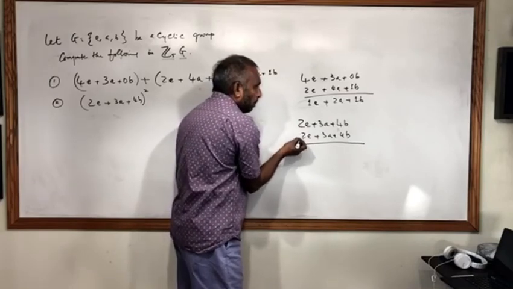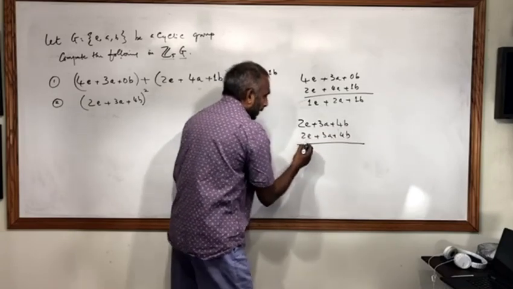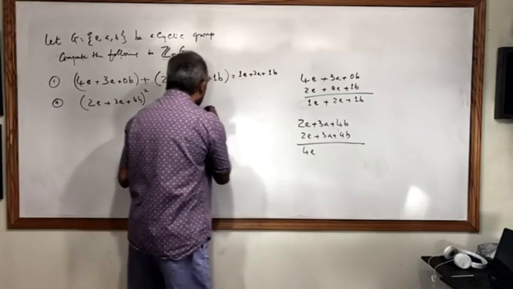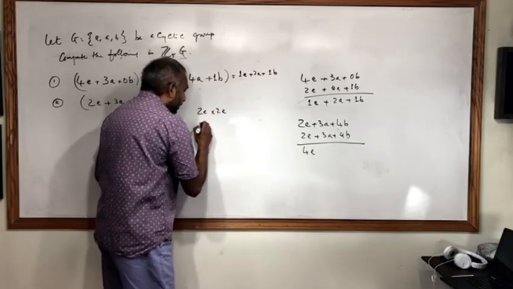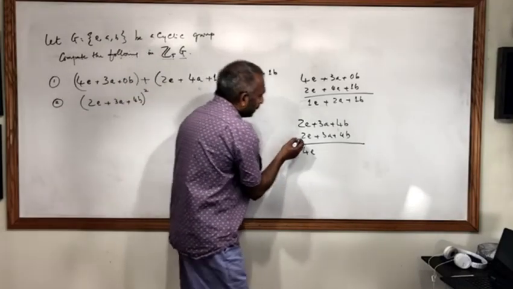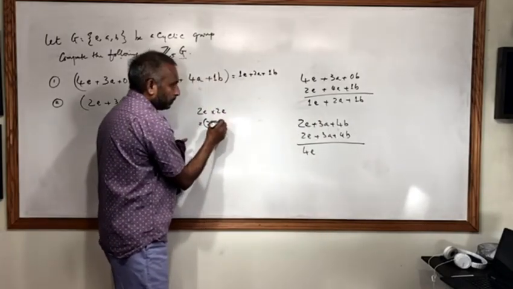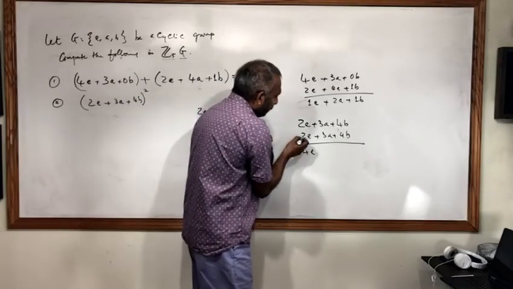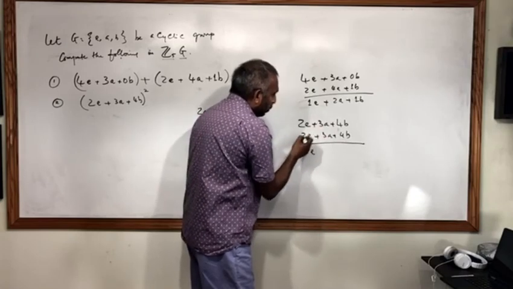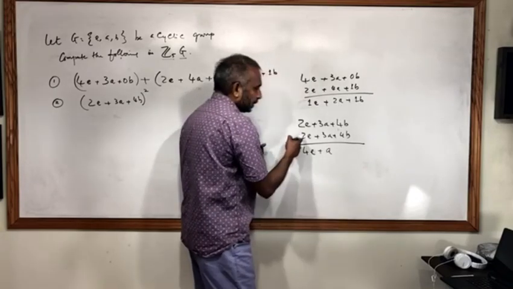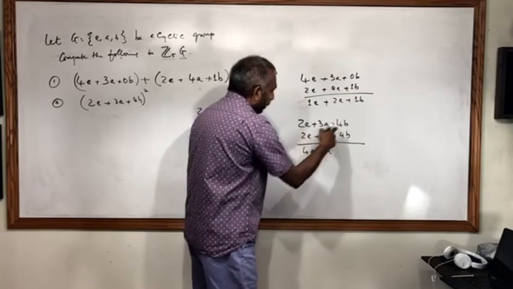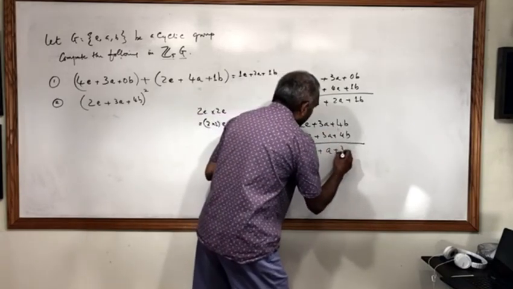You multiply just like you multiply numbers. 2e times 2e is 2 times 2 e, that is 4e, not 4e squared, because there is no e squared. Then 2e times 3a is 6a, and 6 is actually 1, so a.